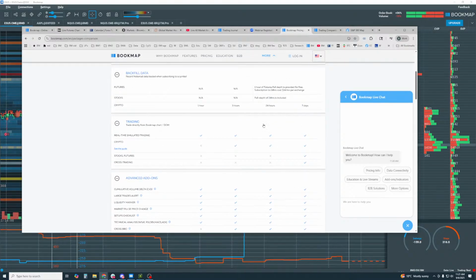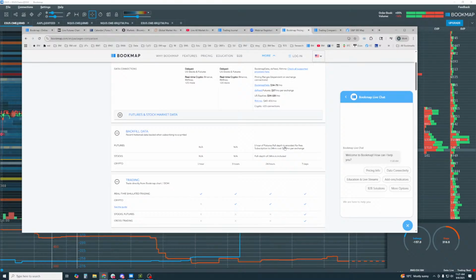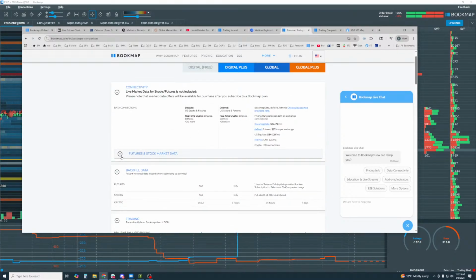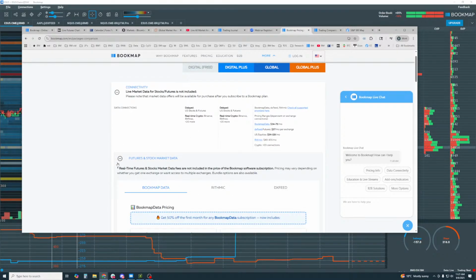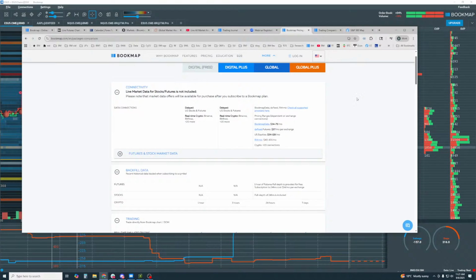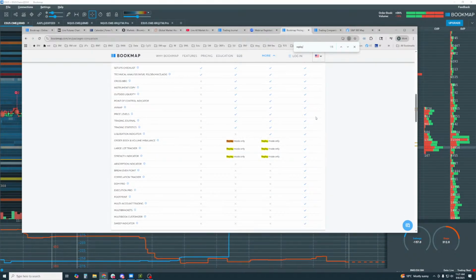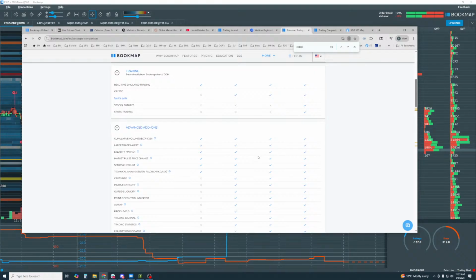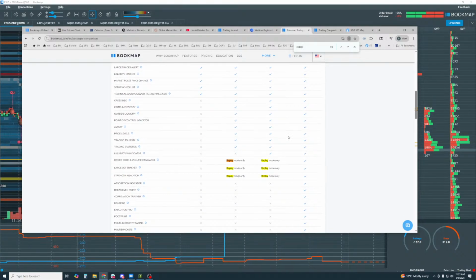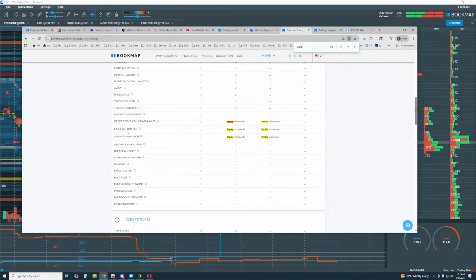It's up a little. Trading. Hold on a minute here. Let me do a quick search for it because I can't find it right off the bat. Okay, replay mode, here it is. Advanced add-ons. Okay, so here, oh no, that's not it.